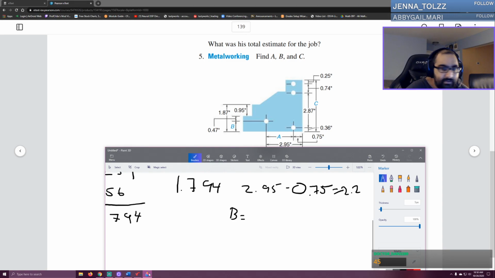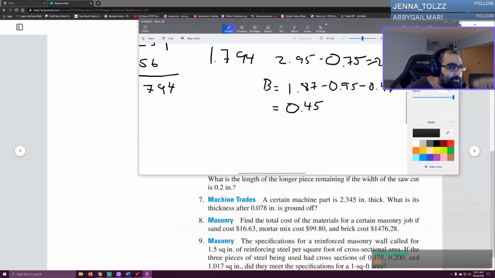I think you mean 0.45, right? So we have 1.87, which is the whole dimension, minus 0.95, minus the 0.47. We take off the dimension of the 0.95 and the 0.47. Subtract that, and we get 0.45. I suggest you use your calculators for this so you get these done as quickly as possible. That's just fine.